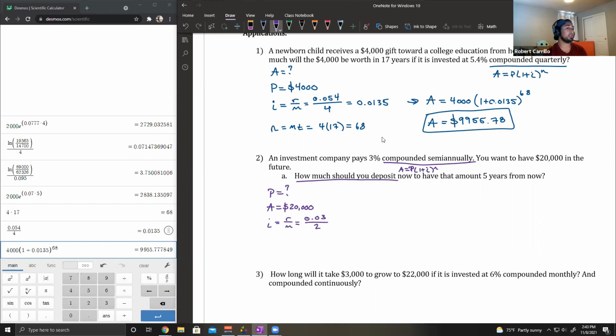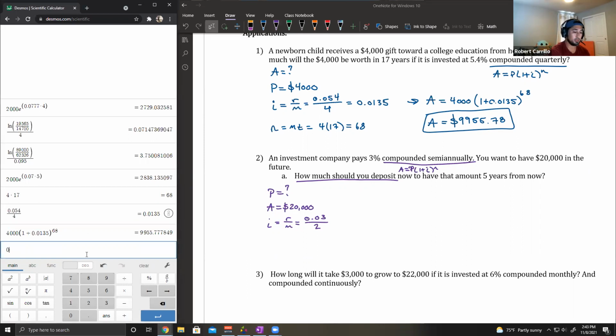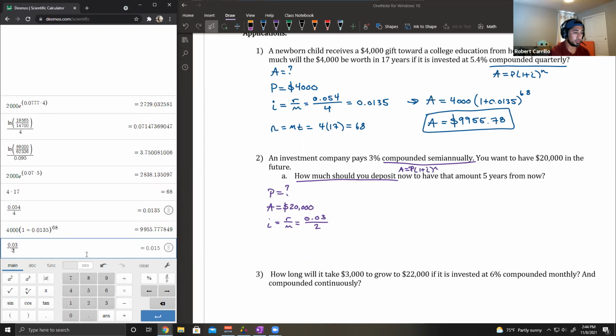So this would be 0.03 over 2. Hey, I can work with that. 0.015. And then n is mt, and we're doing this twice a year for 5 years, so there's 10.